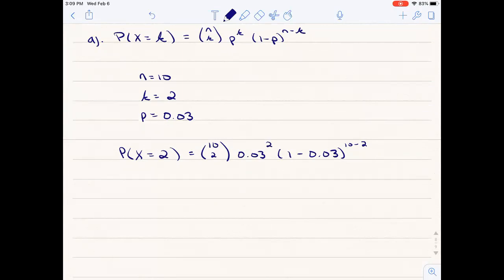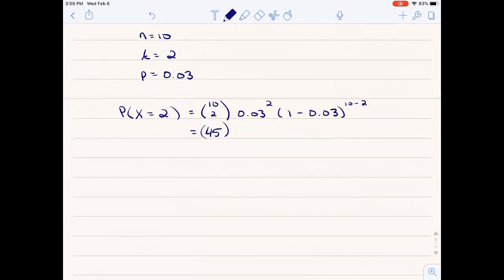It won't look like it's doing anything, but it's waiting for the 2, and then equals, and I get 45. So just make sure that that's what you get when you do 10 choose 2 on your calculator.